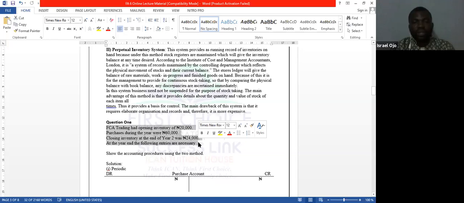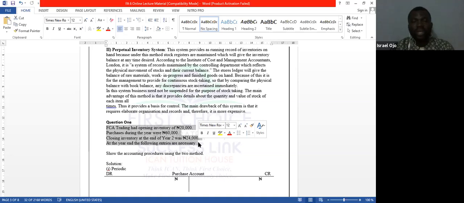Purchases during the year were 60,000 naira. Closing inventory at the end of year 2 was 24,000 naira. At the year end, the following entries are necessary. Show the accounting procedure using the two methods.